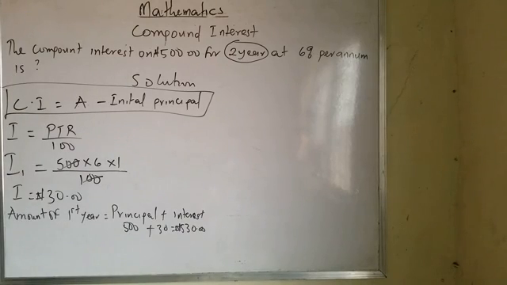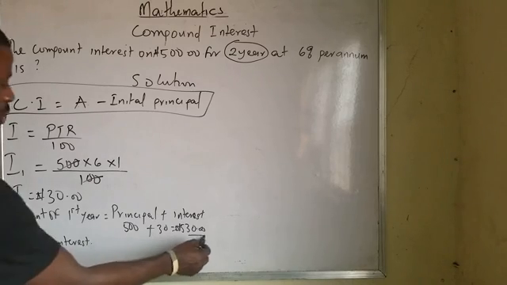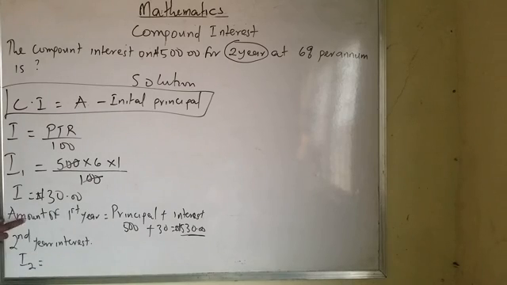Since I have that amount of first year, I will now find the interest of the second year. Interest of the second year, I of 2, equals: now your principal will be changed to the amount of money you get, because the money increased with that.